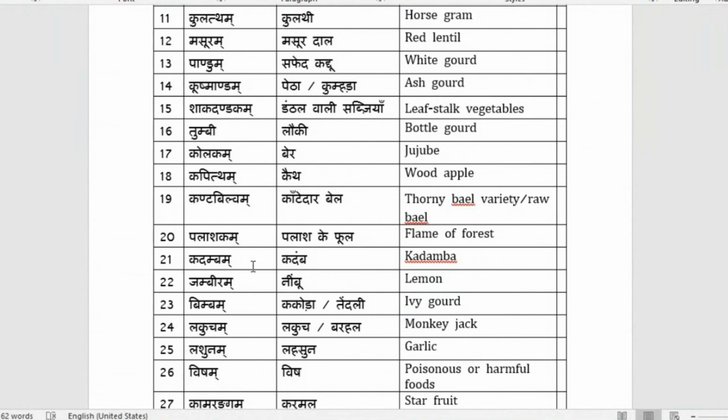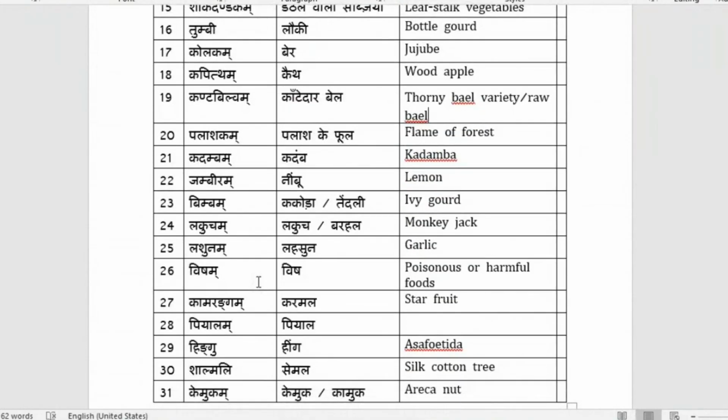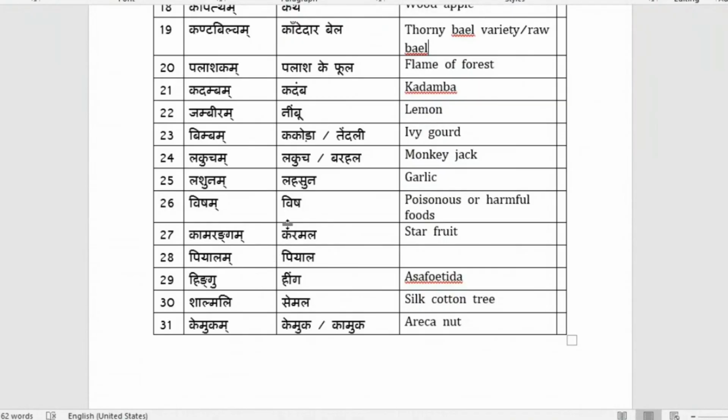Kadamba, kadamba. Jambhiram, that is lemon. Bimbam, ivy gourd, tendli. We call it tondli, it is small. Lakucham, that is barhal. Lashunam, we know garlic. Visham, any poisonous food that is harmful for health.